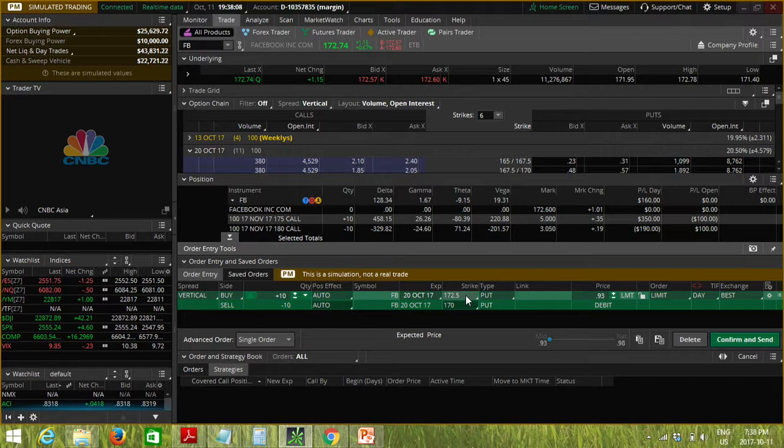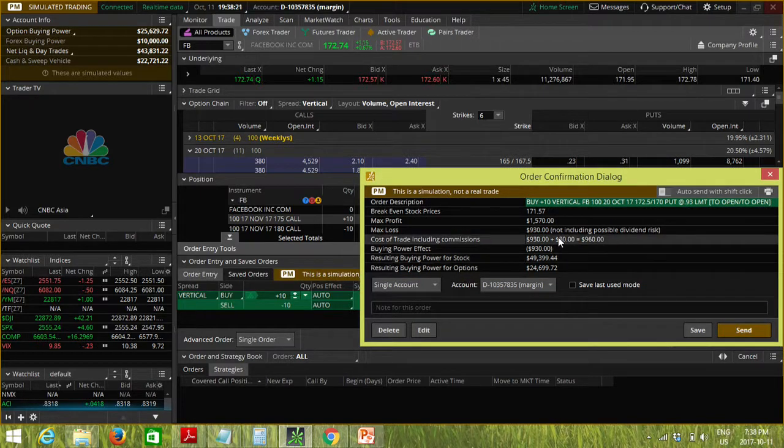So we want to buy the at the money 172.50 put, and then we're selling the further out of the money 170 put. 93-cent debit. Okay, which gives us our max profit of $1,570 on there. Okay, so again, it works the same way.